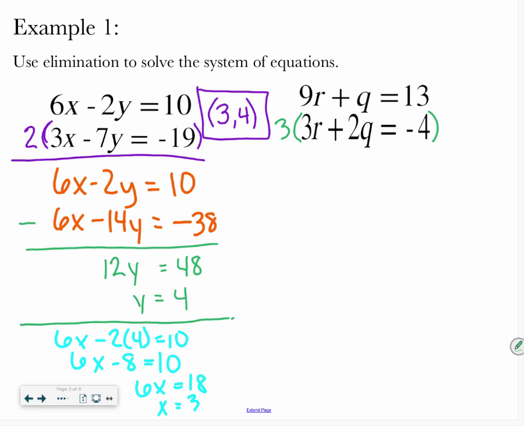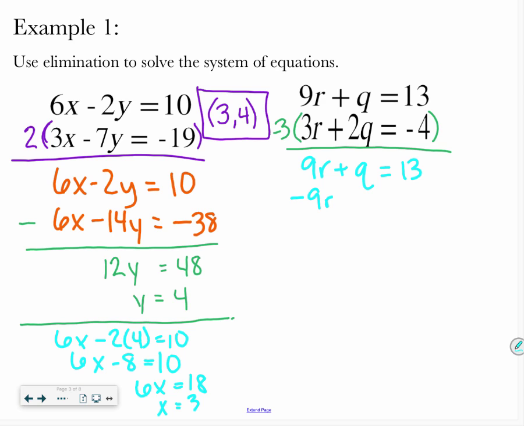And actually, I'm going to change it up a little bit because last time I had a positive 6x and a positive 6x, so I had to go through and subtract everything. I prefer when I get to add things. So I'm going to multiply everything by a negative 3 instead. So that means I am left with 9r plus q equals 13, and then minus 9r, because negative 3 times positive 3.